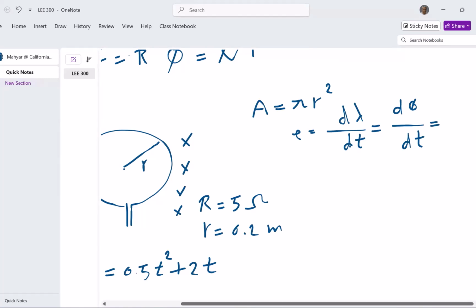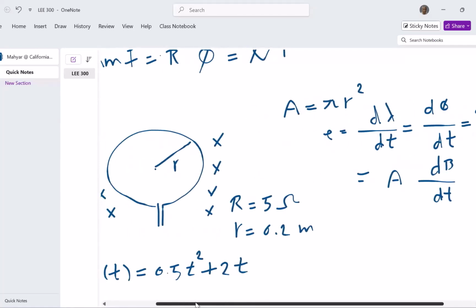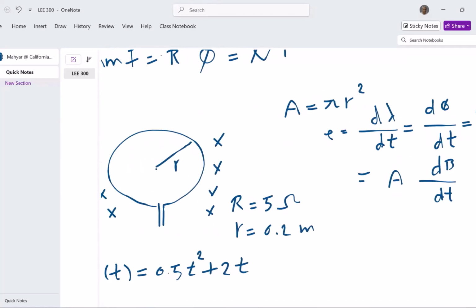So since A is constant, we would have d of BA, right, over dt, which really becomes A times dB over dt, which in our problem becomes A times, what is dB over dt?